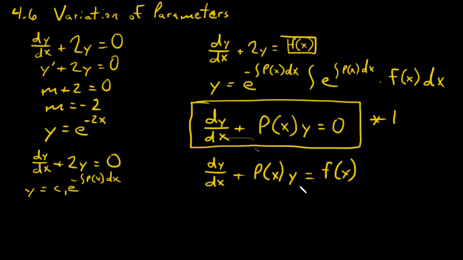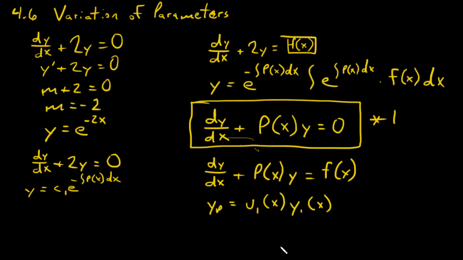So I can kind of go through a long process, but I'm going to say that my y sub p is going to equal u1 of x times y1 of x. Okay? I'm no longer putting a c in front. I'm calling it u1. It is a variable parameter solution here. So u1 of x.